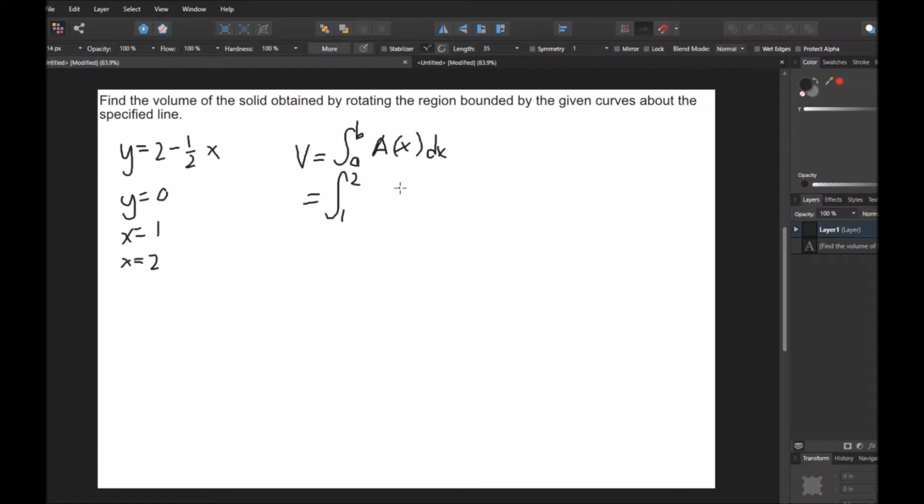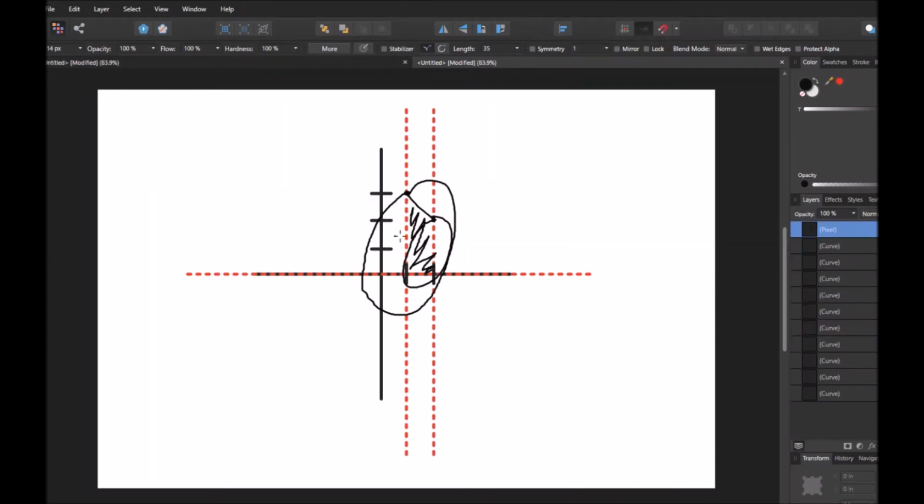And because we're using the disc method, the area is going to be pi times the radius squared, and dx. So the radius is going to be 2 minus 1/2 x. Because if you imagine, if you start here and you go this way, it's only the length of 2 minus 1/2 x, if that makes any sense.